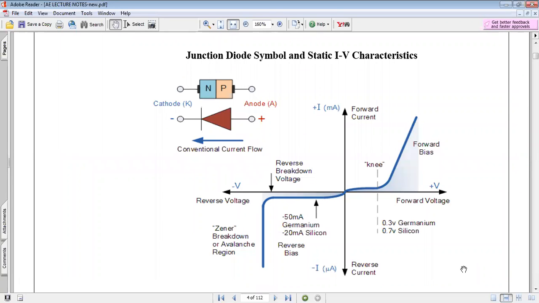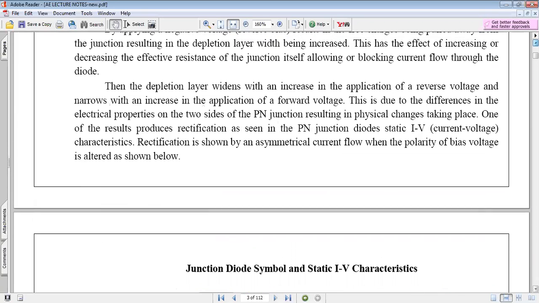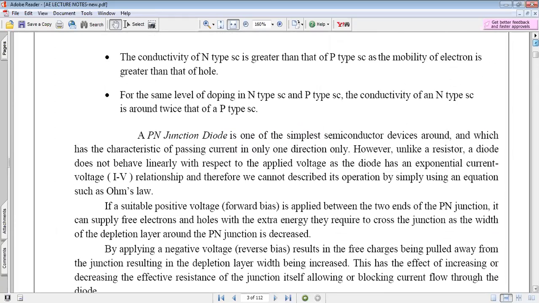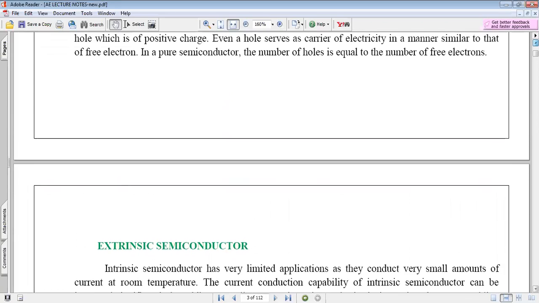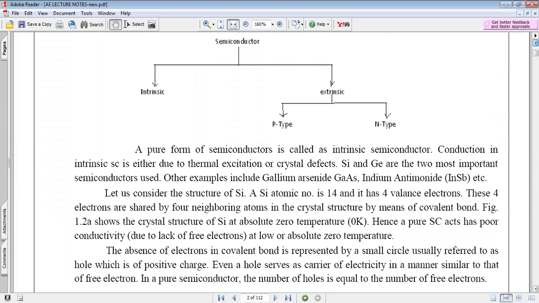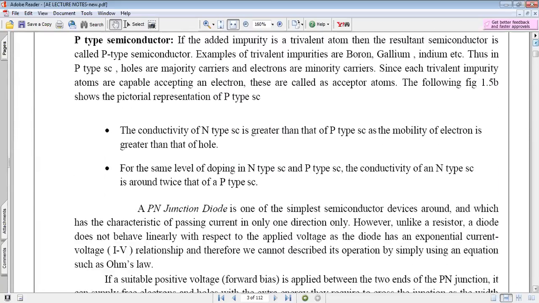So when the PN junction is in forward bias, when the positive supply is applied to its anode, it works in forward bias. In that case, the characteristic is a forward bias characteristic.